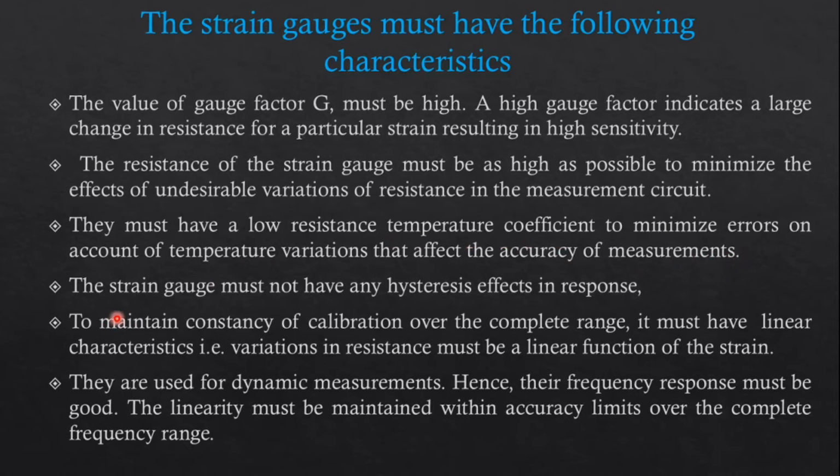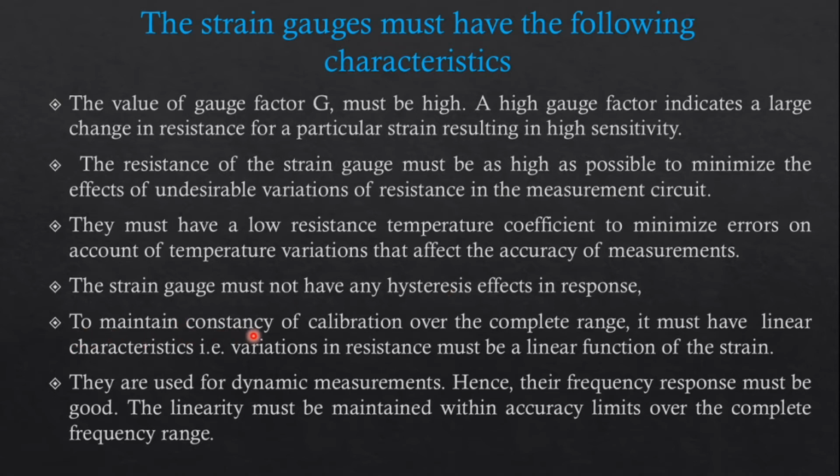Then after, the strain gauge must not have any hysteresis effect in response. We already studied hysteresis in the first chapter. A strain gauge must not have any hysteresis, because if it has some memory of the previous value, it has a hysteresis effect, which is going to affect our present value. So we need to minimize that effect.